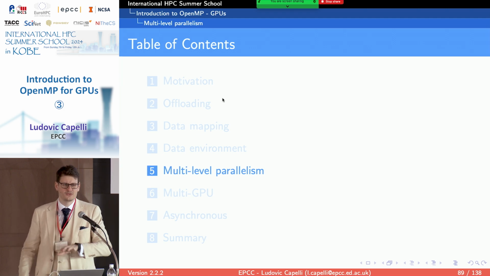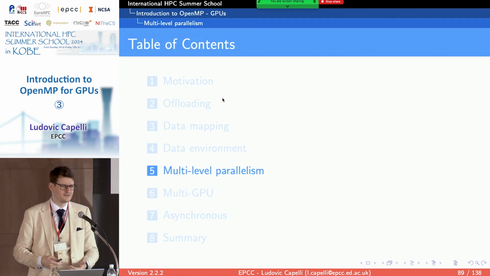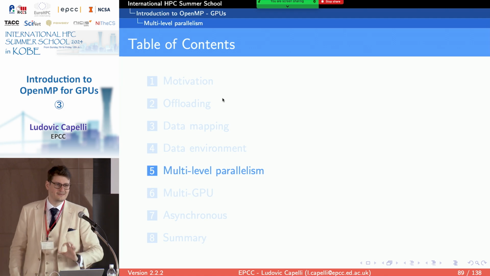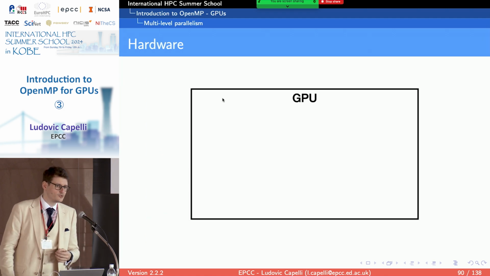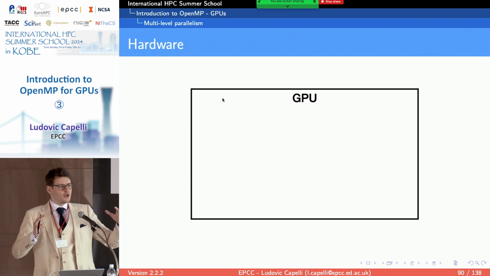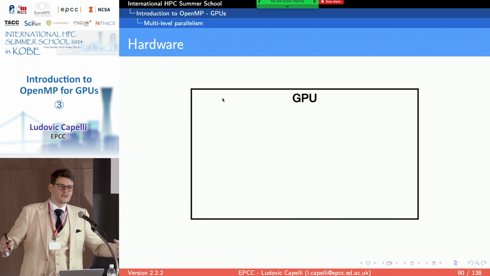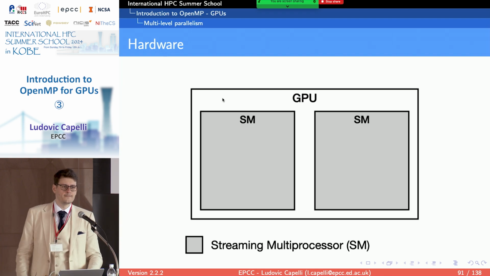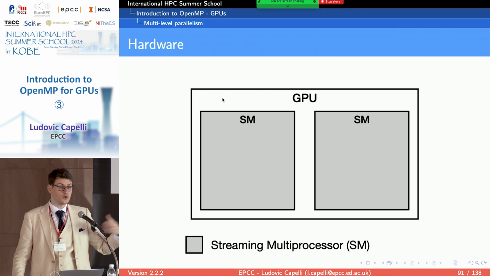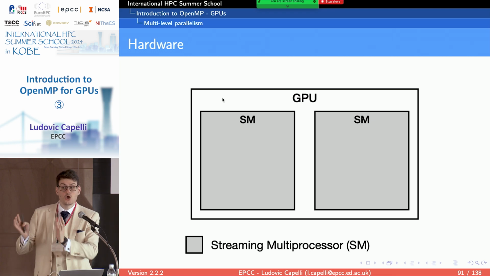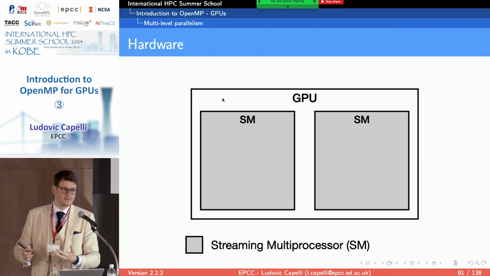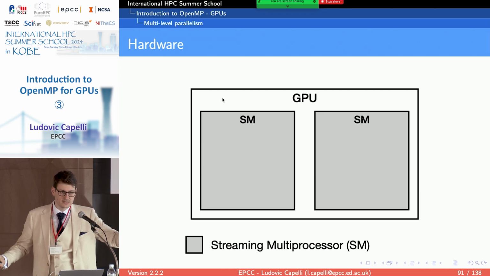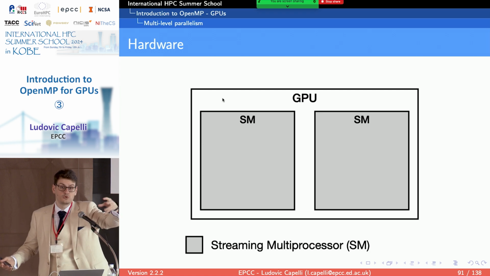To explain why we're going to have multiple levels of parallelism, here is a quick, simplified, gentle version of what a GPU architecture is like. Your 5,000 cores are not in a single group of 5,000 cores. You have something called streaming multiprocessors. It's like on the host: you have CPUs which have cores, and typically we have 2 CPUs, 2 multiprocessors, which have multiple cores each.